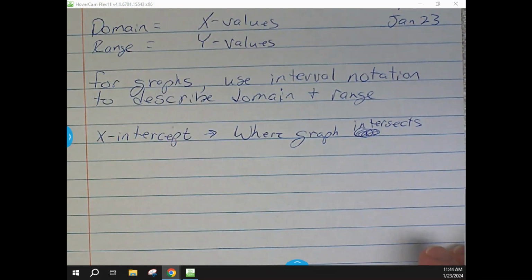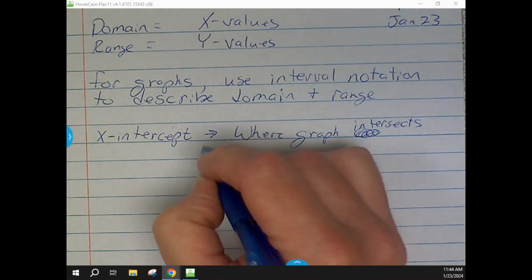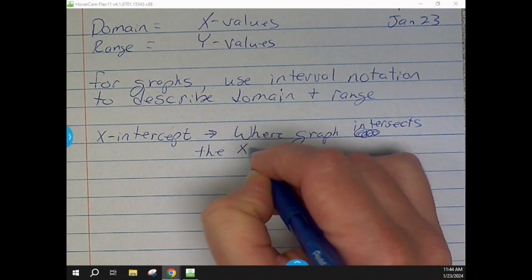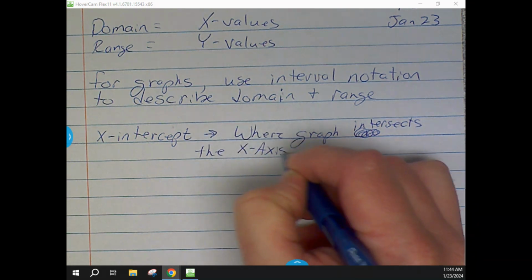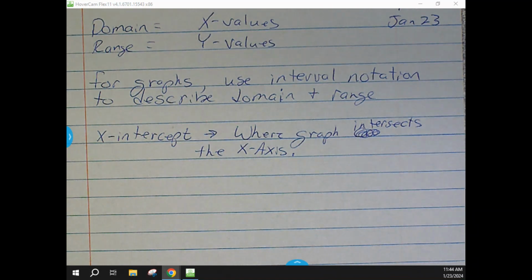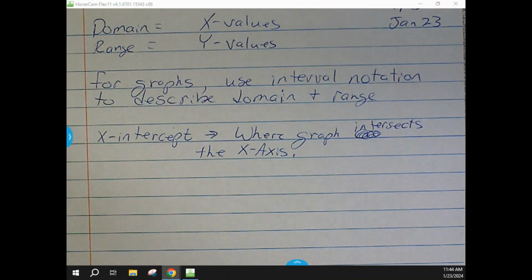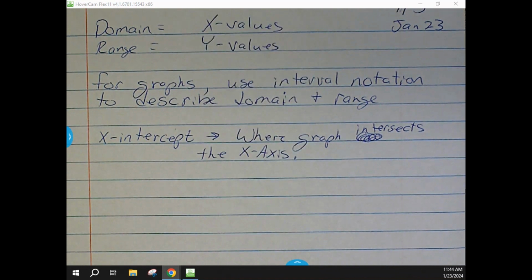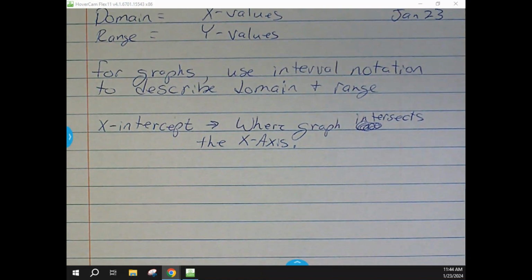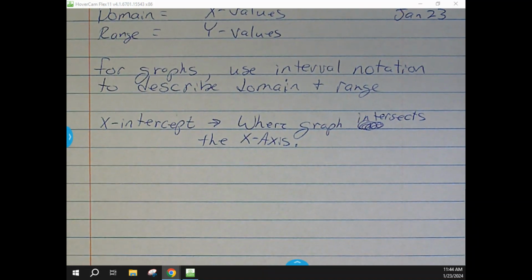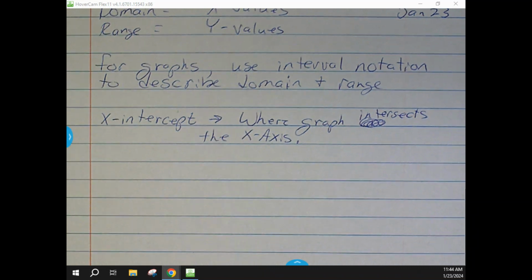So where a graph intersects the x-axis. If you're looking at a graph, it's pretty easy to find because you just look at it and go, okay, there's where it hits the x-axis. You tell me that point, whether it's (2, 0) or (5, 0) or (-4, 0), whatever.